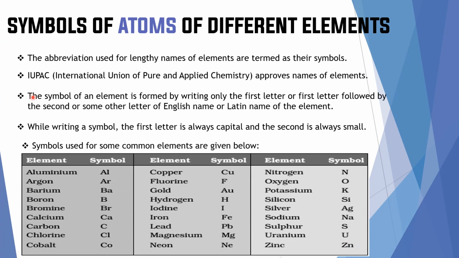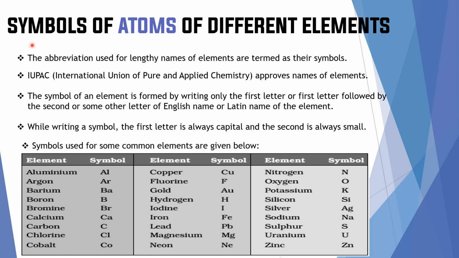Symbols of atoms of different elements. Dalton was the first scientist to use symbols for elements. In your textbook, page number 33, you can see the symbols for some elements proposed by Dalton. No need to memorize that, just see it.